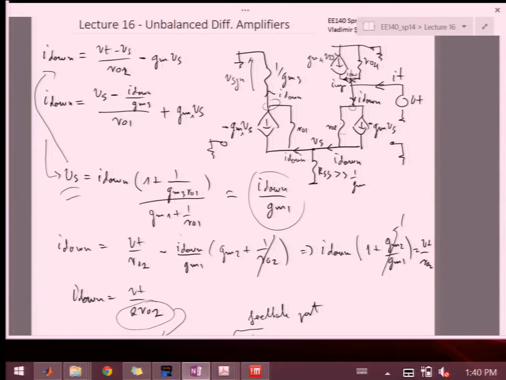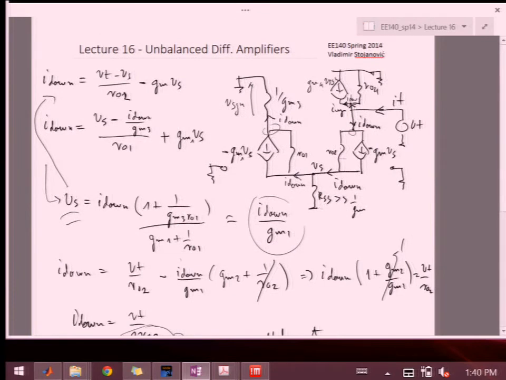If you knew the result, you could have sort of reasoned that if you look at this, neglecting or making that RSS is so much greater than 1 over GM, kind of like what we did earlier on with this, assuming that Vs is going to be sort of balanced between the two gates. You're sort of then again guessing like, okay, well, what if Vs was really like a negligible voltage, meaning that the negligible signal was flowing in terms of voltage all around here.